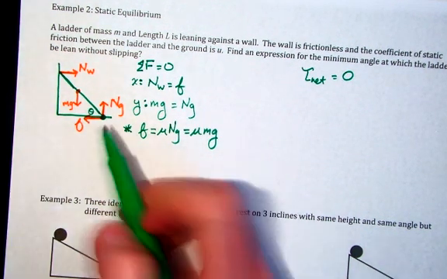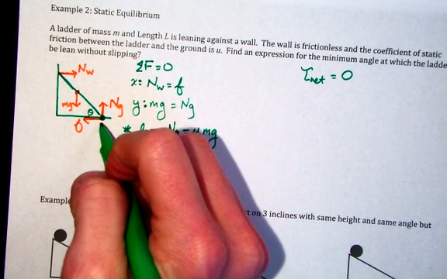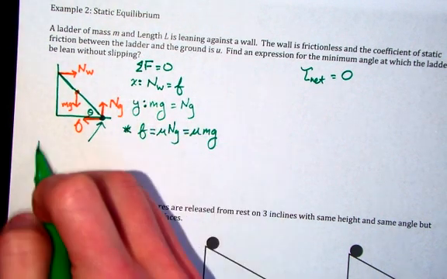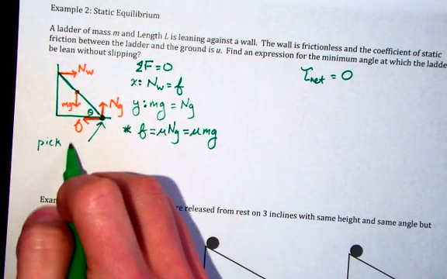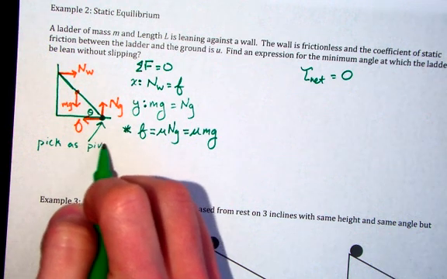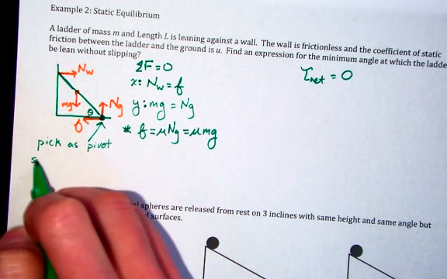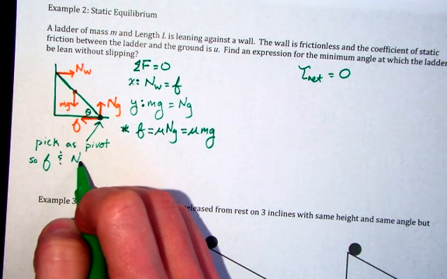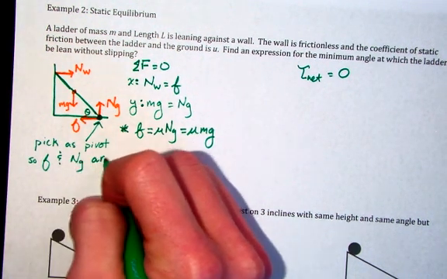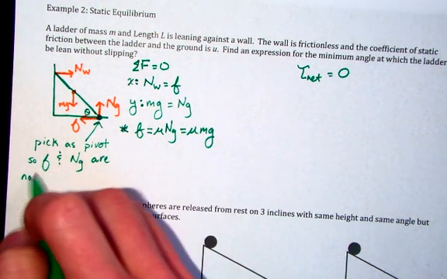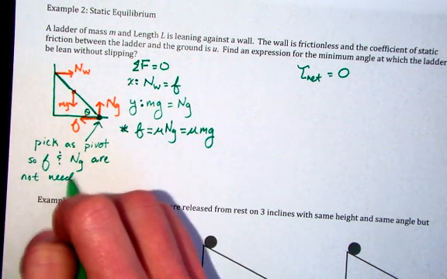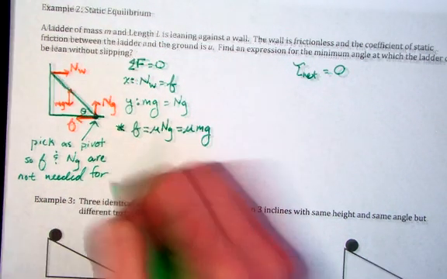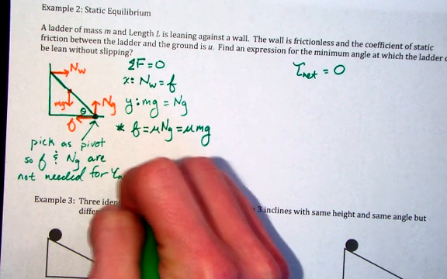But by putting the pivot here specifically, we are going to pick it so that the friction and the normal force from the ground are not needed for the net torque equation.